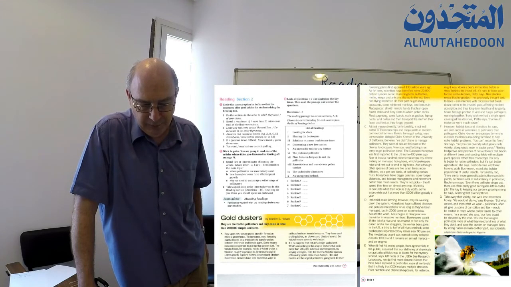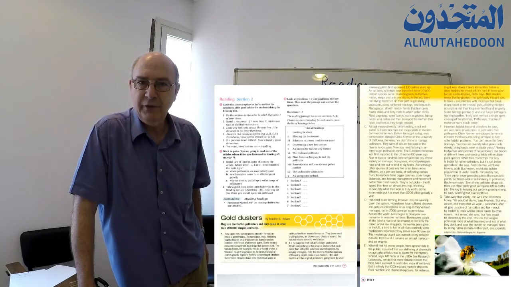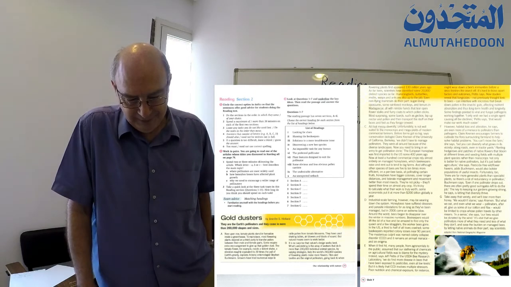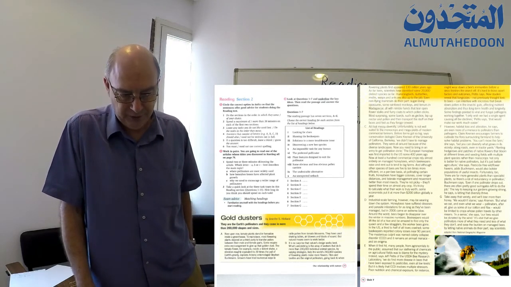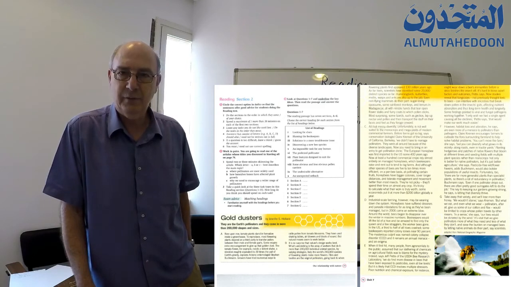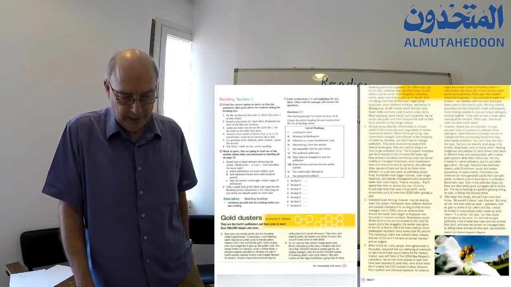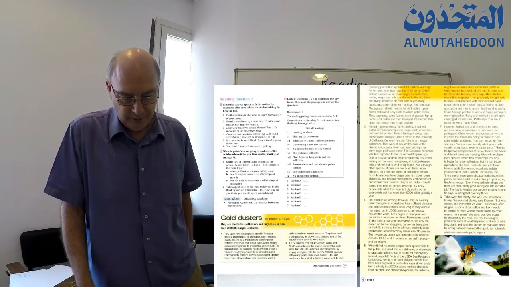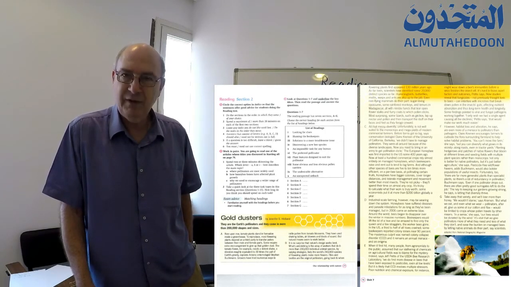Above this article, we have the list of headings. You see the box above the article? We have 10 headings. These are Roman numerals, I, and so on, all the way down to X, which is 10. Below it, we have the paragraphs, A through G. We have to find the heading for those paragraphs. So we have 7 paragraphs, but we have 10 headings.